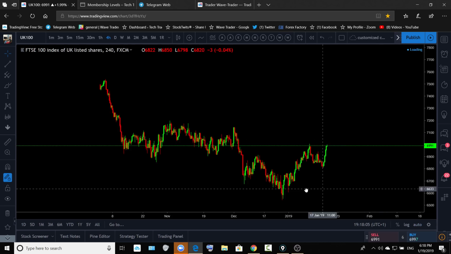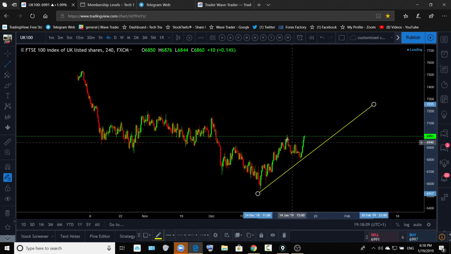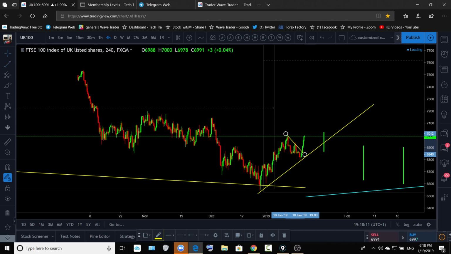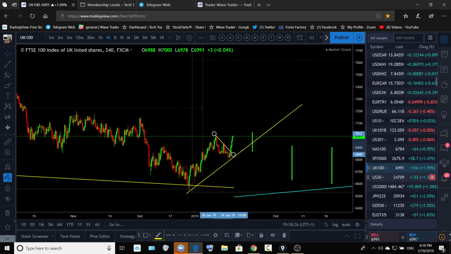You're looking for another correction to appear, or a change in pattern formation like a flat, and continue to go higher, or correct and continue to go higher. So, a buy setup on the UK 100 index as well.